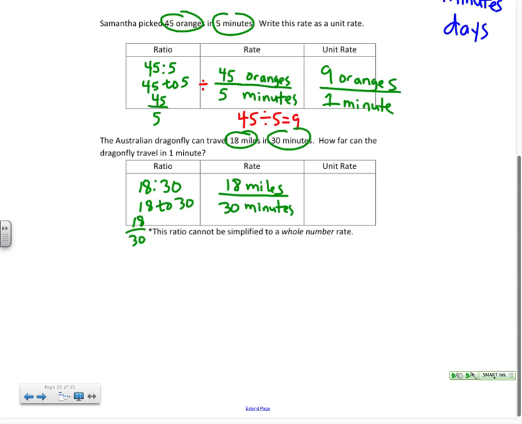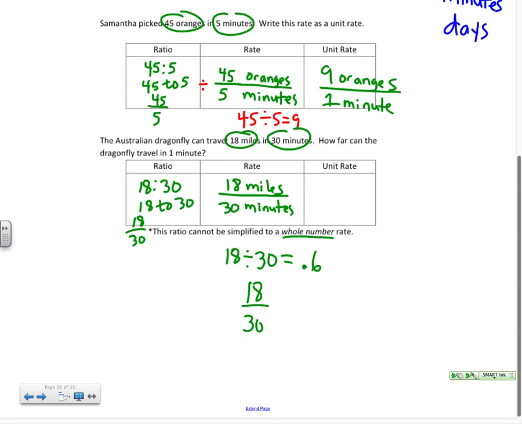All right, look at our unit rate. Remember we said you can divide the numerator by the denominator, but what happens here? 18 divided by 30 is actually going to be a decimal number. I already know it's 0.6. Because it's not a whole number, it's really less than 1, so it's a fraction.